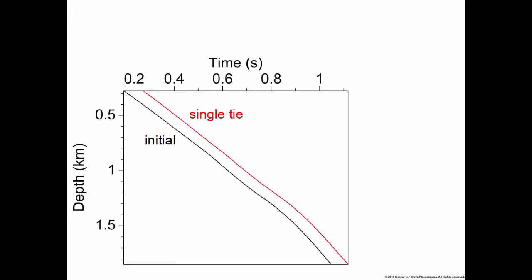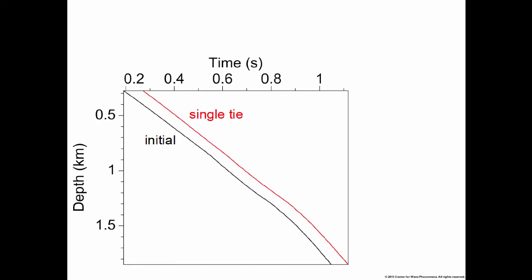And then once we tie the well, we get a new updated time depth curve, which is shown here in red. The biggest change here again is this static shift, and this is showing that we had a really large error in our velocity overburden, a big error we're correcting for in well ties.